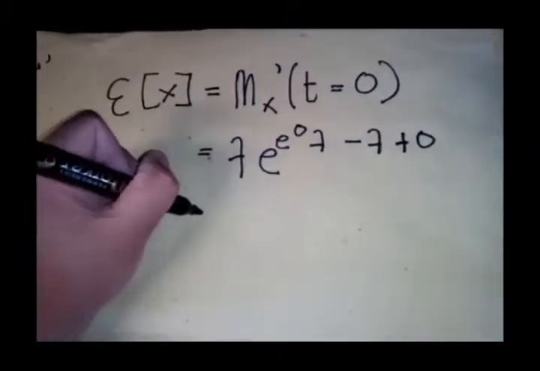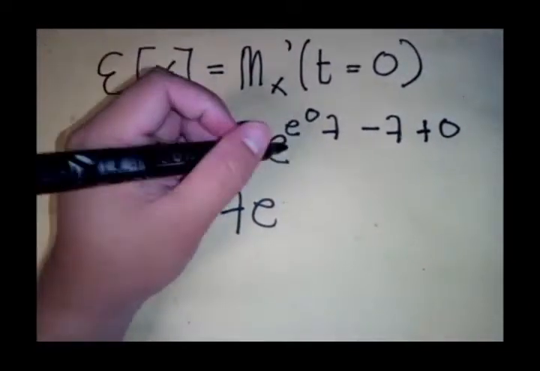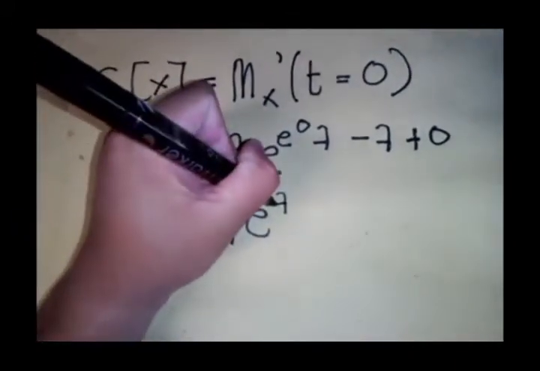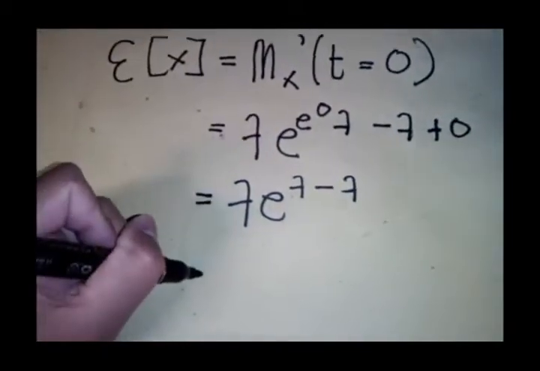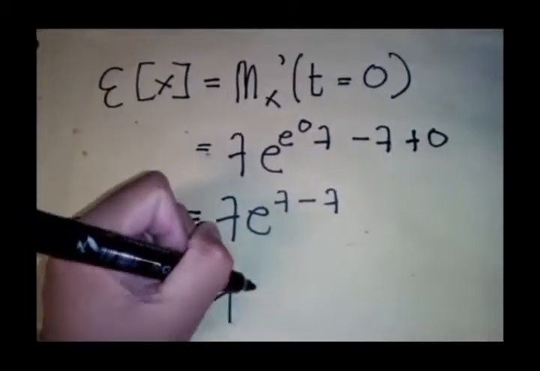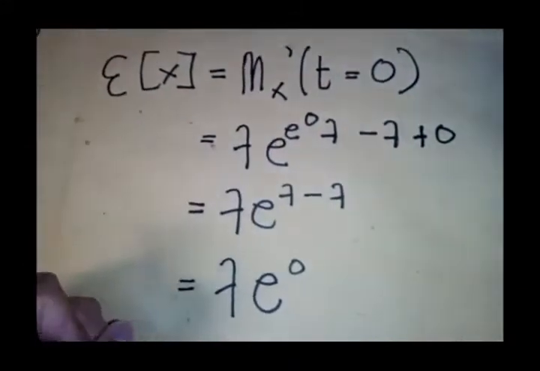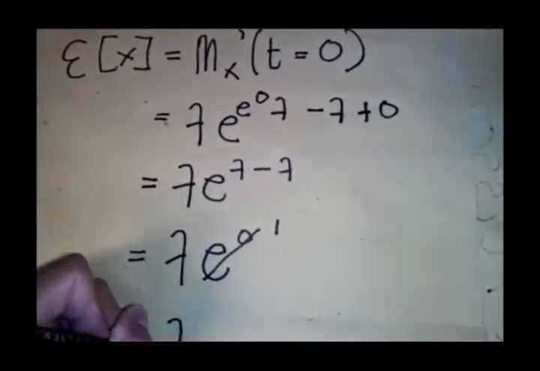Since e^0 is equal to 1, we have lambda times e raised to the power of lambda minus lambda, which is e to the 0. So we have lambda times e^0, and since e^0 is equal to 1, we have lambda.